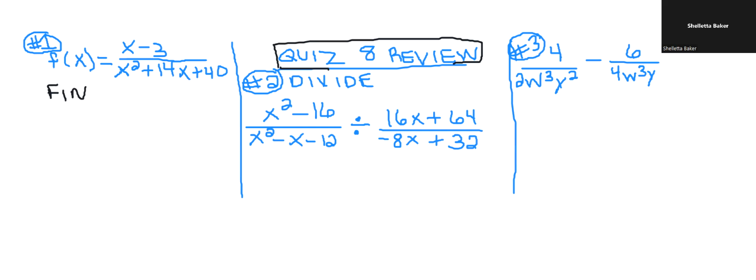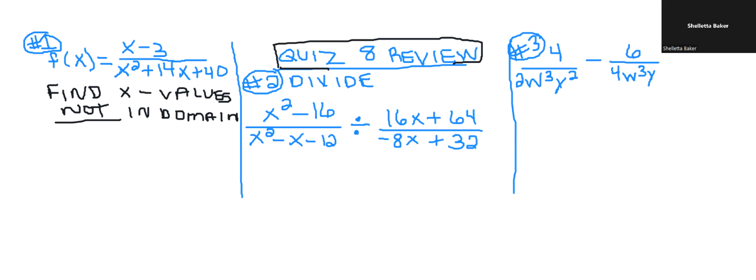Find the x values that are not in the domain. To determine which values are not in the domain, we want to look for the values of x that would make this denominator equal 0.